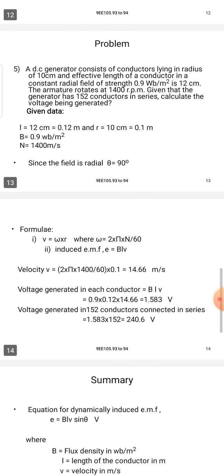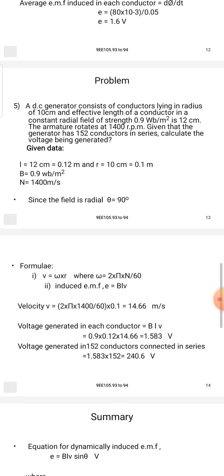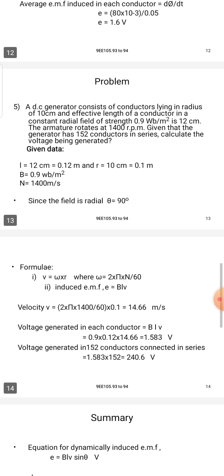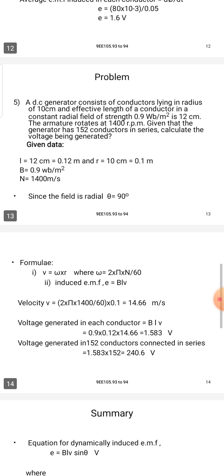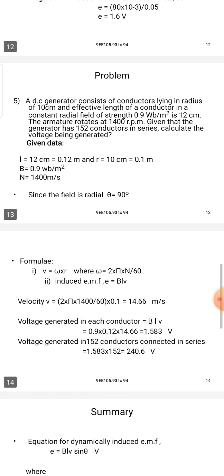A DC generator consists of a conductor laying in a radius of 10 centimeters, and the effective length of the conductor in a constant radial field of strength 0.9 Weber per meter square is 12 centimeters.